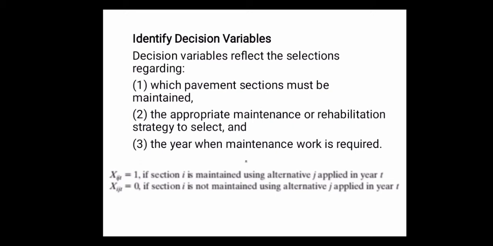So we have here x sub ijt equals 1 if section i is maintained using alternative j applied in year t, and x sub ijt equals 0 if section i is not maintained using alternative j applied in year t.